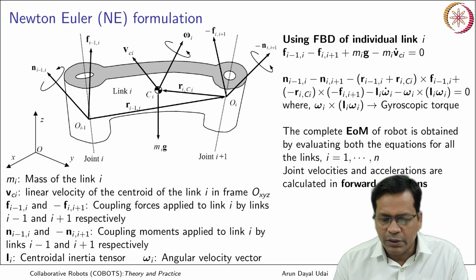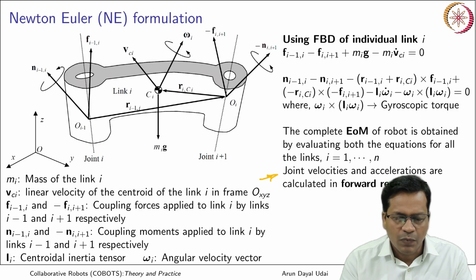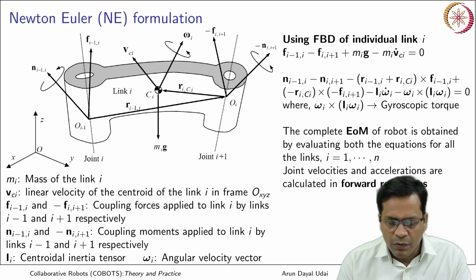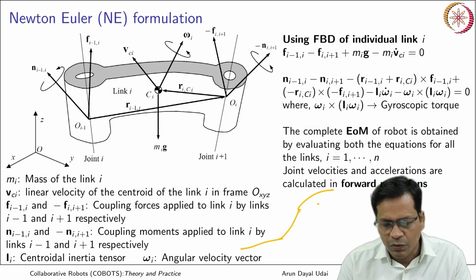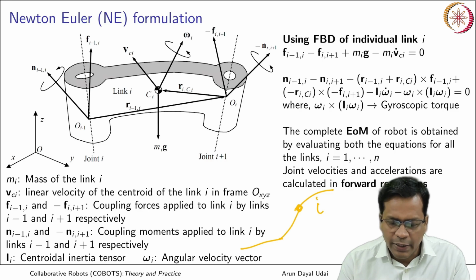So joint velocity and acceleration are calculated using forward recursion. You already know that. Once you have a robot, if I am considering the joint and link velocities here, all the links prior to this have an effect on the ith link.